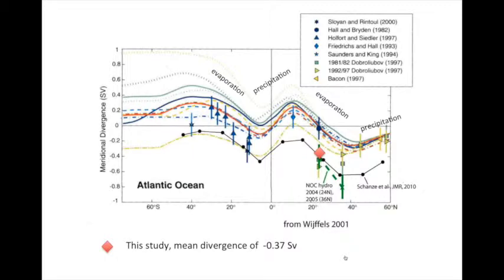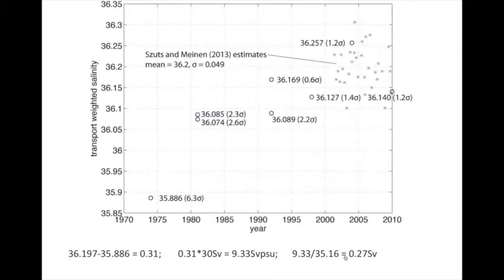When we look at that in more detail, because it's broken down really nicely in their paper, I can tell that the difference between the analysis that they're getting and what we're doing is all in Florida Strait. So this is a picture of the time series of the estimate of transport weighted salinity in Florida Strait.